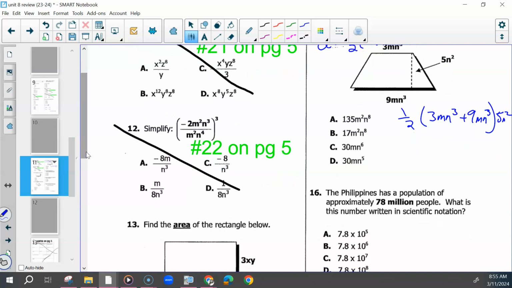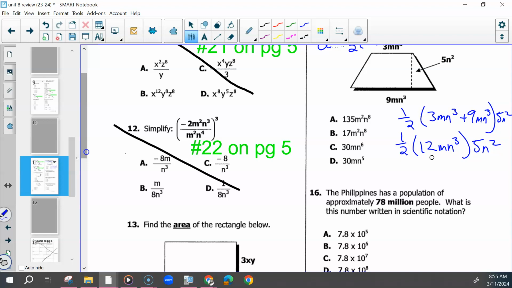So inside the parentheses, you have the same exponents and variables. You're just combining the terms. The exponents wouldn't change inside the parentheses. But when you multiply everything, that's when your exponents would change.